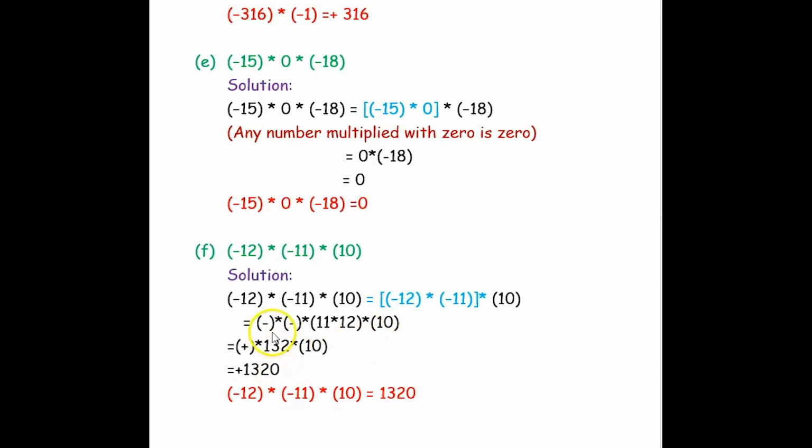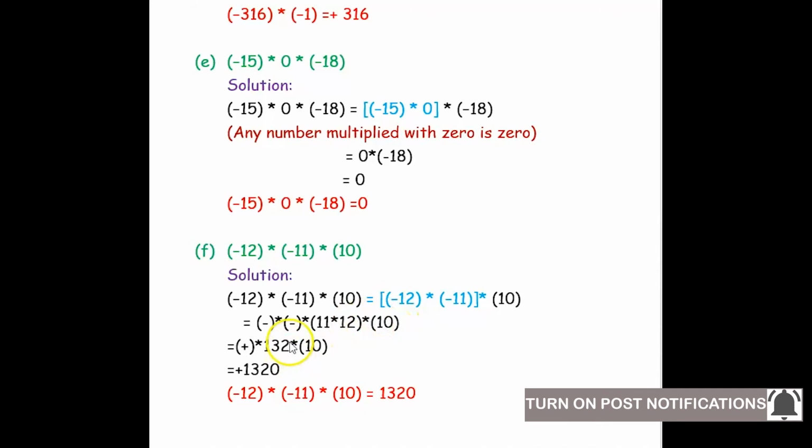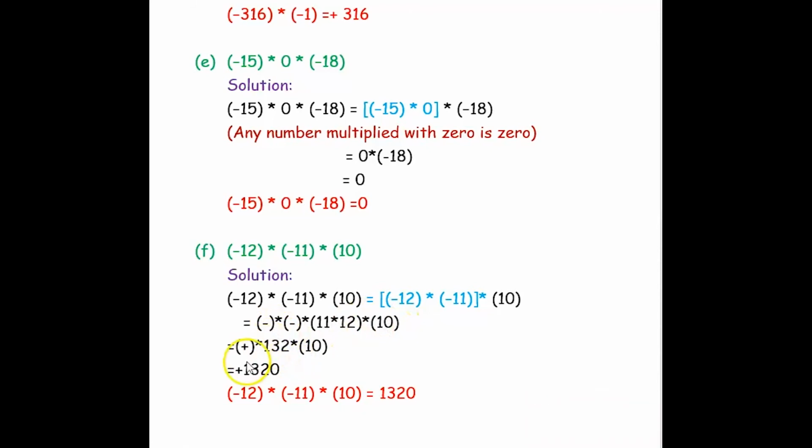So, I am writing negative into negative, 11 into 12, into 10, that is outside the parenthesis. Negative into negative will become positive and we know that 11 into 12 is 132, into 10. Now I can write this as positive, and 132 into 10 is 1320. Therefore, negative 12 into negative 11 into 10 is positive 1320.